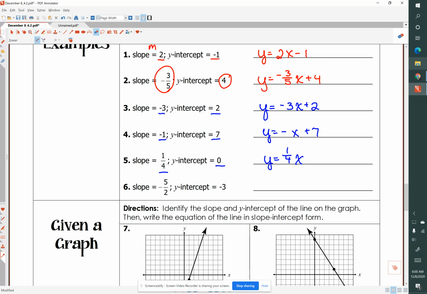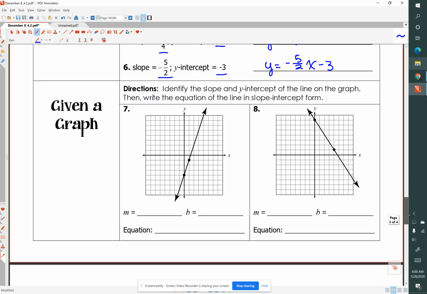And you will see as we move on that this function will go through the origin of the coordinate plane. And number 6, our slope is -5/2. Our y-intercept is -3. So the value of the function at y equals -5/2 x minus 3. How did you do with that?